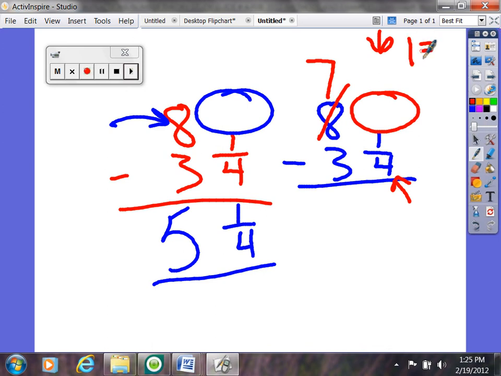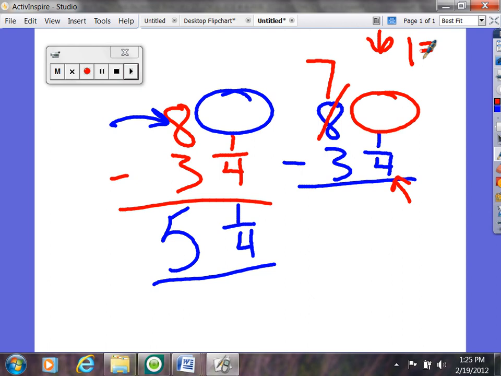Well, I've got to do something to it. I can't just bring a 1 over there. I've got to change this to 4ths. Well, how many 4ths is 1 whole? 4 4ths. So in order to subtract 1/4, I've got to have something over here to subtract it from. So I borrow 1 whole, take it away from my 1's column, and I change it on the way over to 4 4ths.